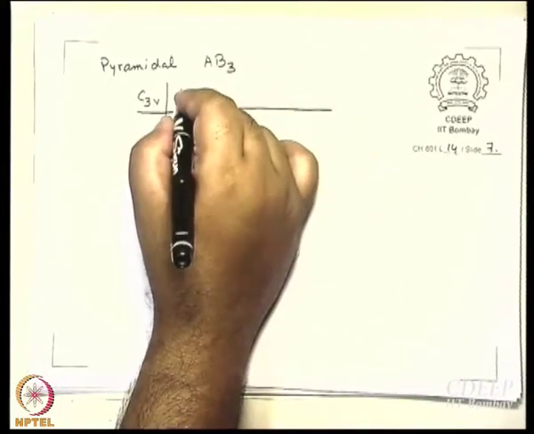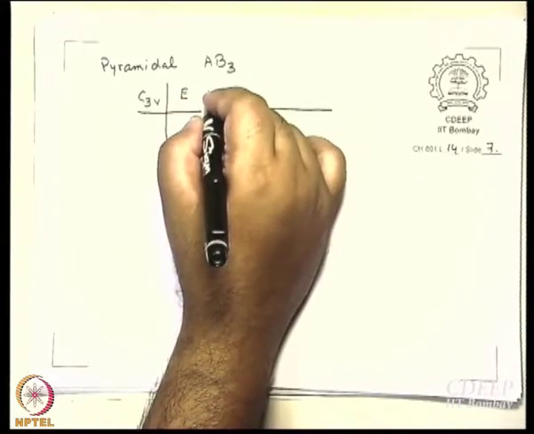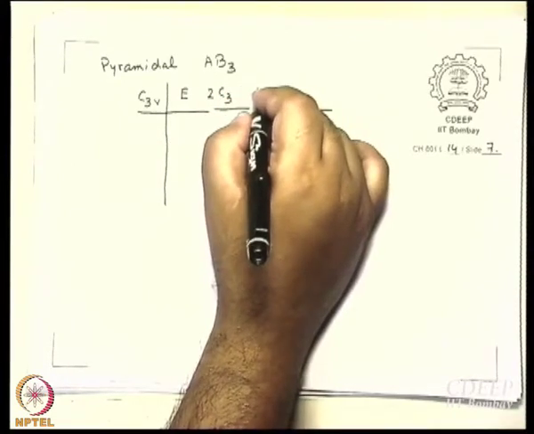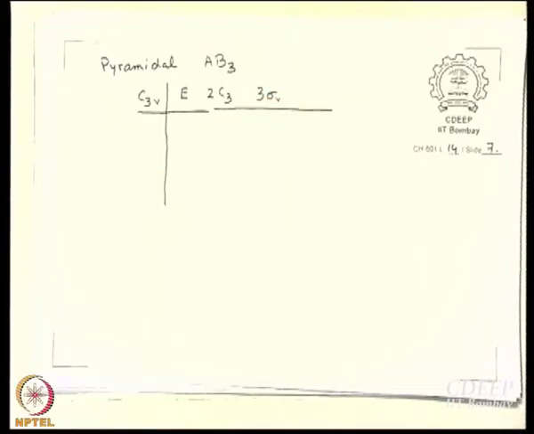what are the operations? E, how many C3? C3, then 3 sigma V. Okay. Now, to start with, I will write the character table for you.